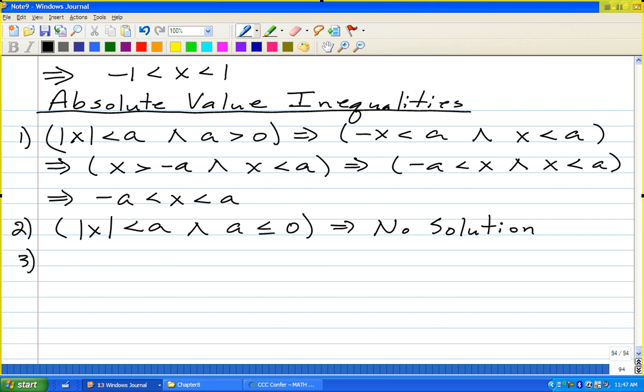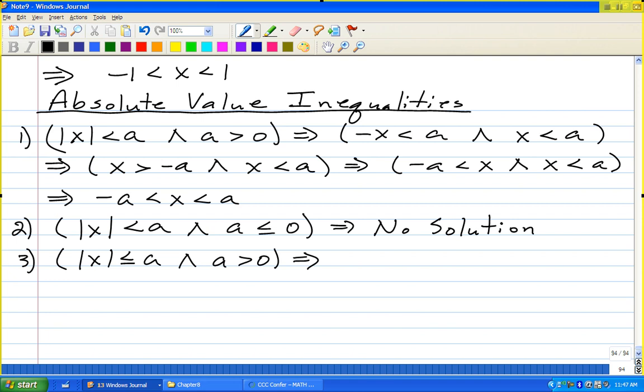Let's look at the case where I have less than or equal to. So if I have absolute value of x is less than or equal to a, and suppose that a were greater than 0, well, we could do the same thing we did in the first part, and I'm not going to write down all the intermediate steps, but therefore, absolute value of x is just plus or minus x.